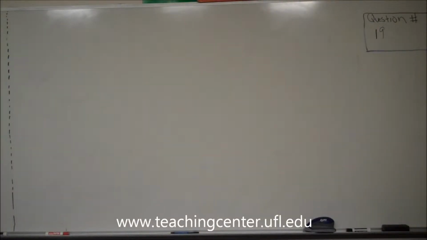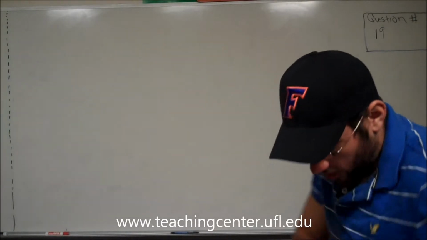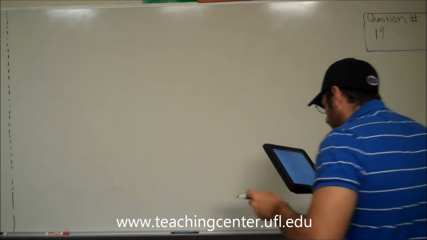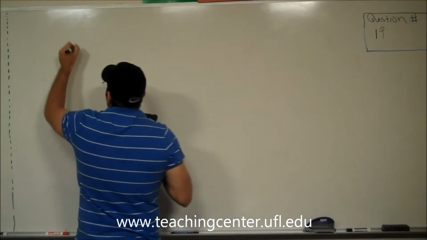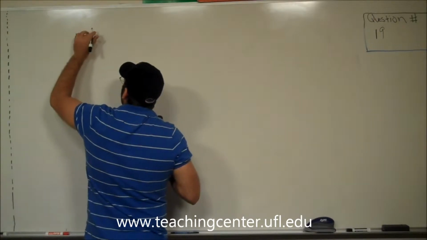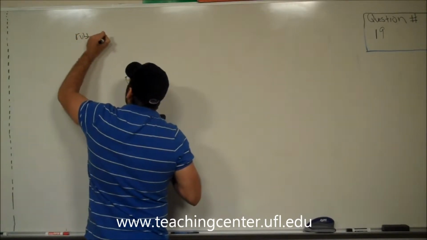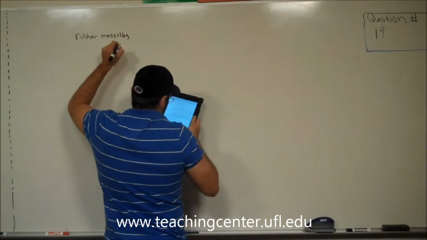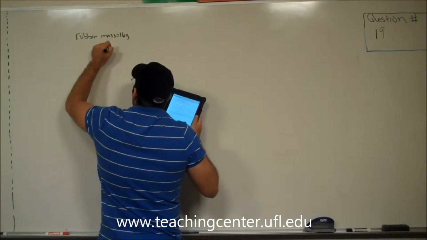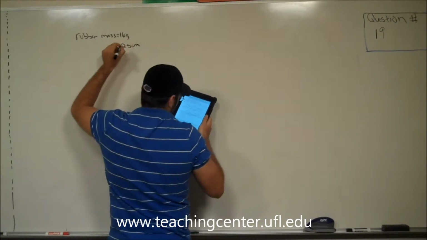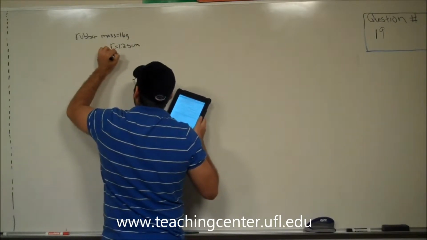So, question number 19 wants to test our knowledge of density. It says a cylindrical piece of rubber has a mass of 16 grams, a radius of 1.25 centimeters, and a height of 3.5 centimeters.